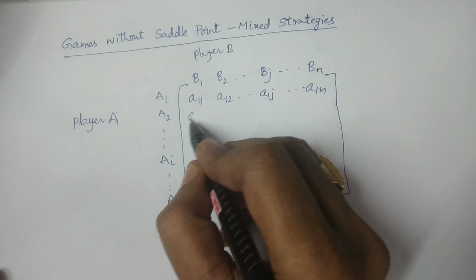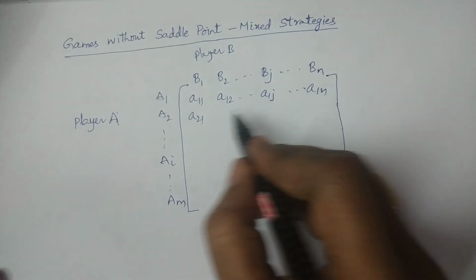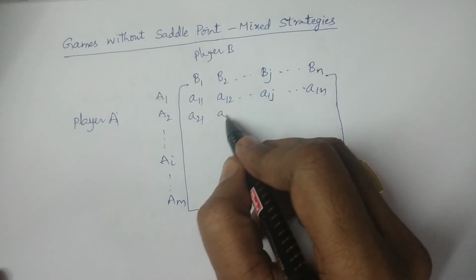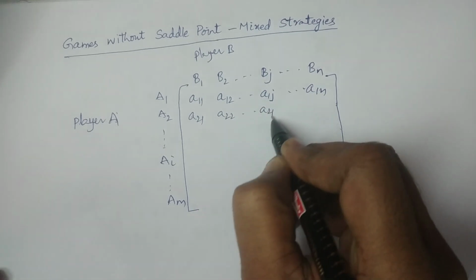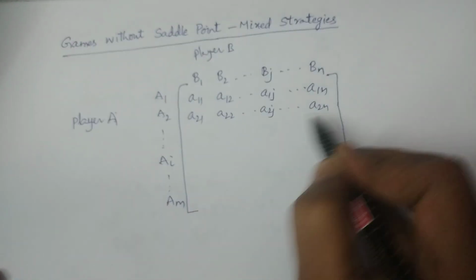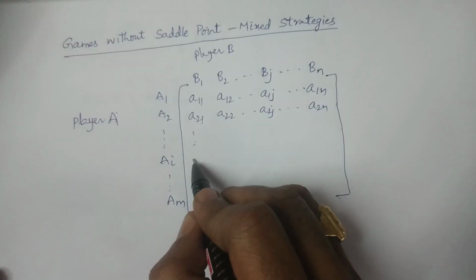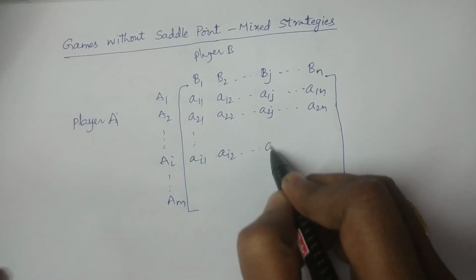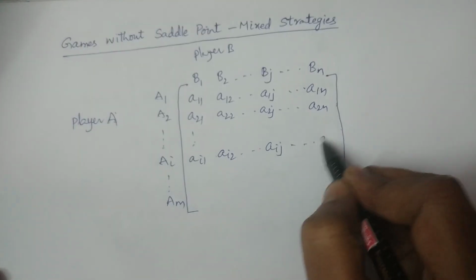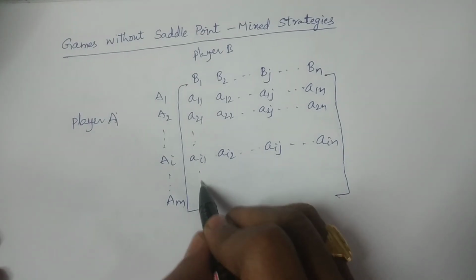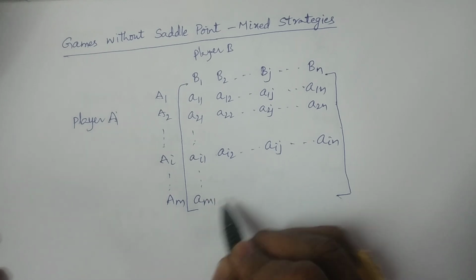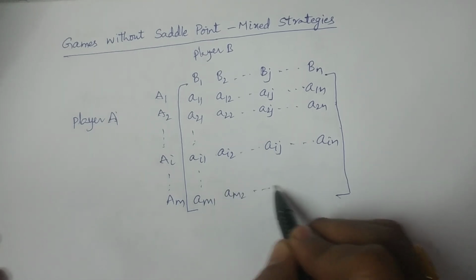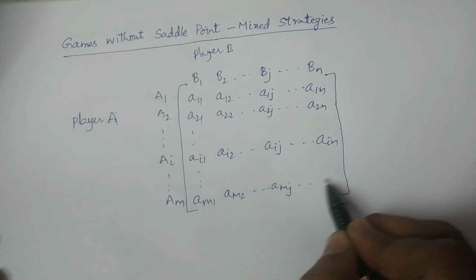And similarly a21 for A2 and all B's, a22 and so on, a2j, and so on, a2n. Coming to the general one, the ith row: ai1, ai2, and so on, aij, and so on, ain, and similarly am1, am2, and so on, amj, and so on, amn.